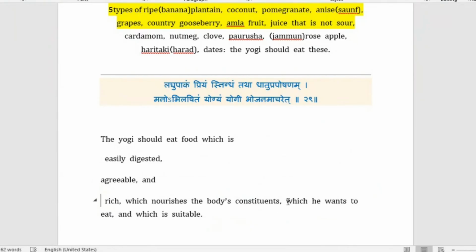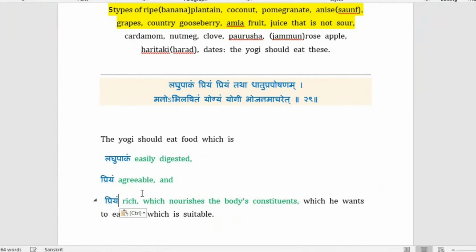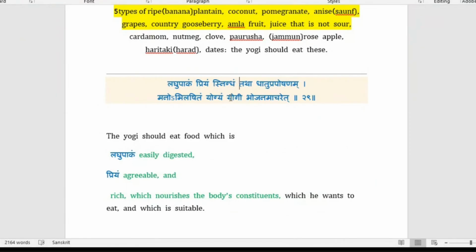These three things are very important, and this is how the food of a yogi should be. Laghu pakam means it should be easily digested. Priyam means it should be agreeable. Snigdham, dhatu poshanam.